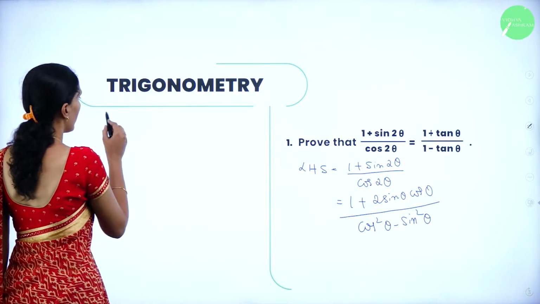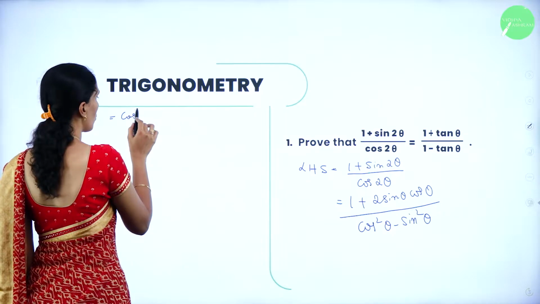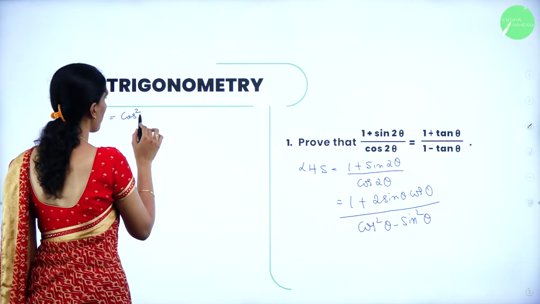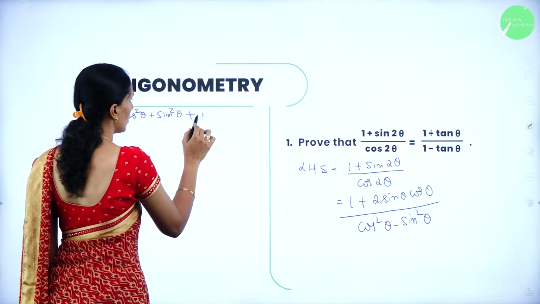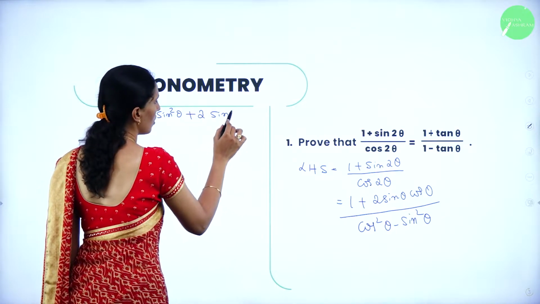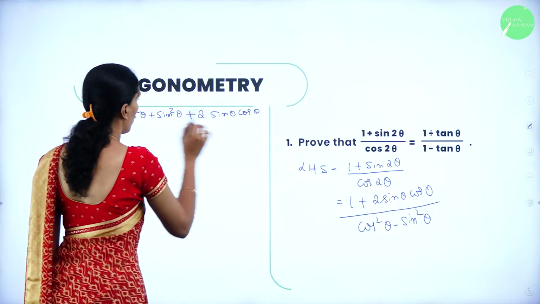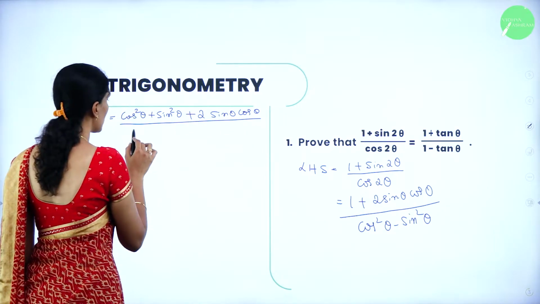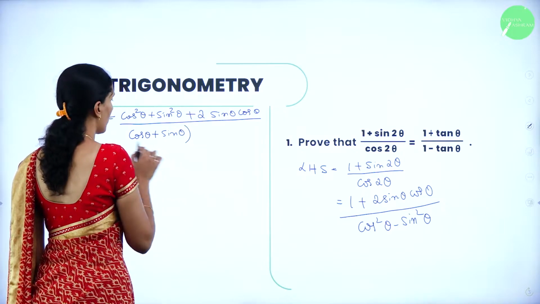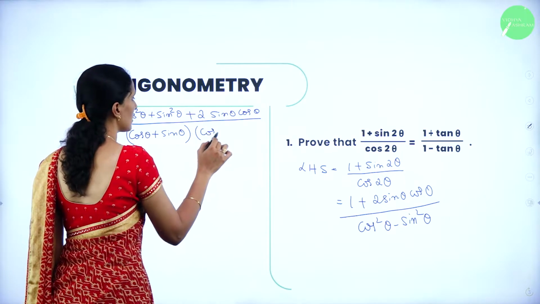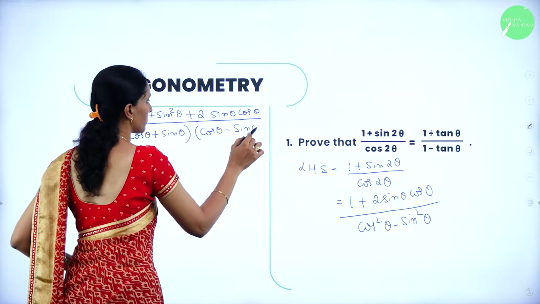So here I can write this as cos square theta plus sine square theta plus 2 sine theta cos theta over this can be written as cos theta plus sine theta into cos theta minus sine theta.